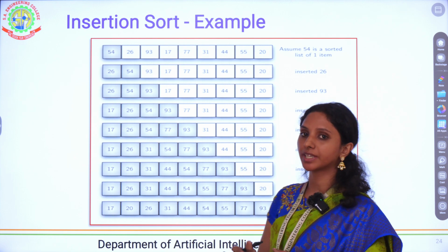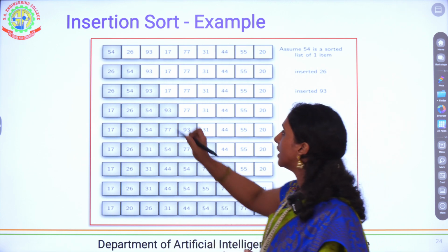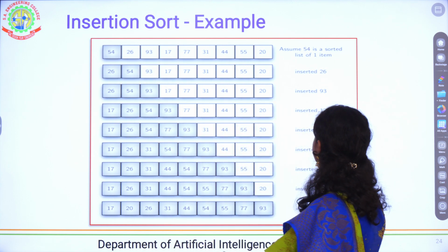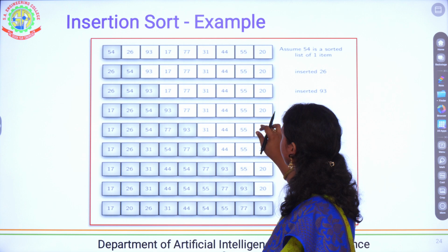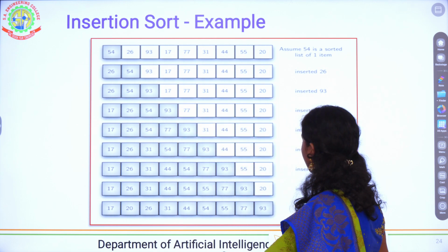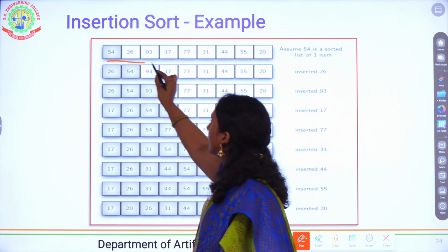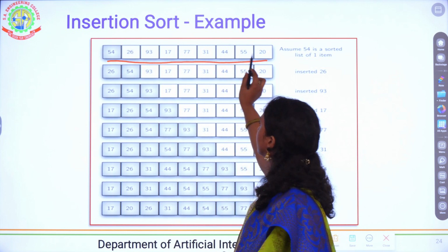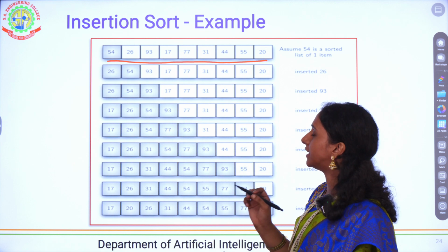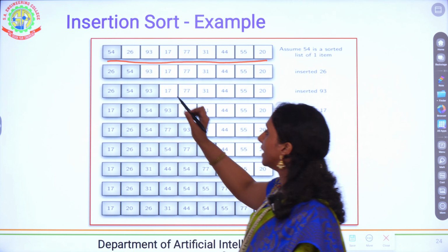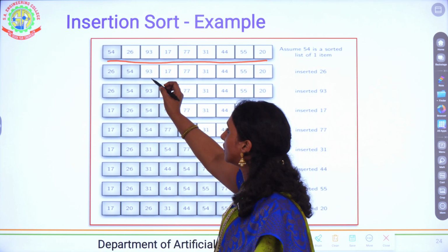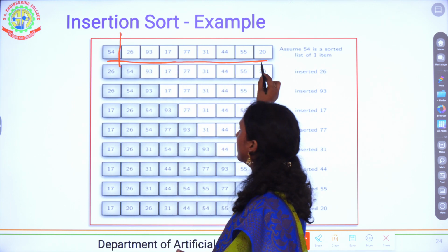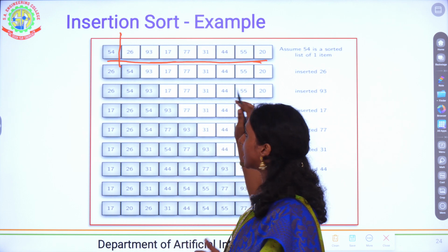So this is the working example of insertion sort. Suppose let us consider this array. Here we have taken an array of size 8, and the first element, 54, is considered as one list, and all the remaining elements will be considered as another list.